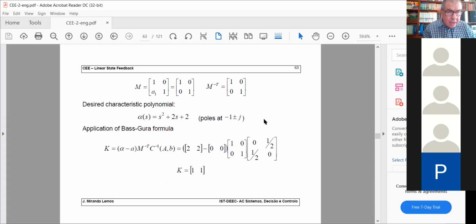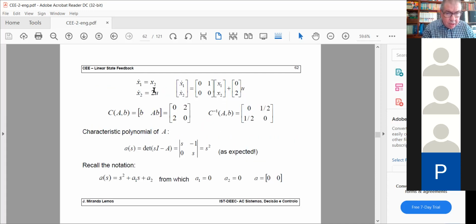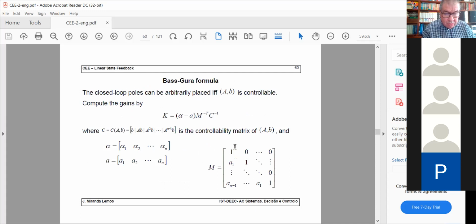Now, M is a lower triangular matrix. It has zeros above, ones on the diagonal, and then a1, a2, etc., up to order n minus 1.